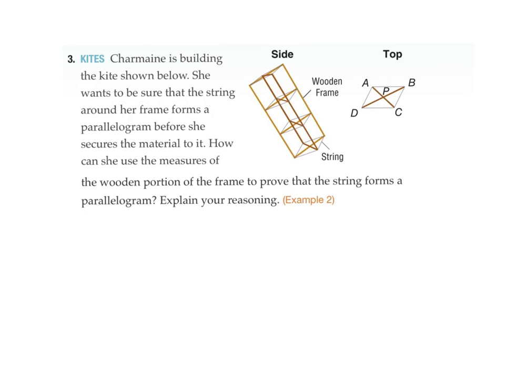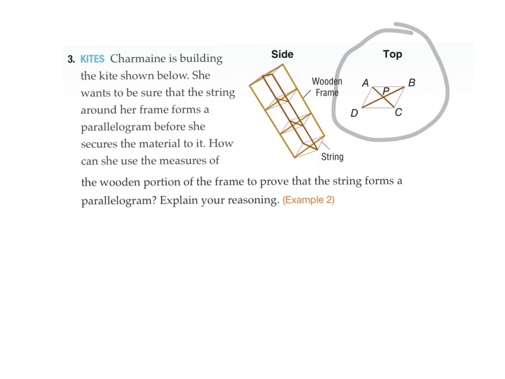Okay, sometimes you get questions like this. I'm not particularly happy with them, but you know me and making assumptions in mathematics. Sometimes you can, sometimes you can't. Charmaine here is building a kite as shown. If we look at the top side of it, you've got no measurements and no angles in the statement either.